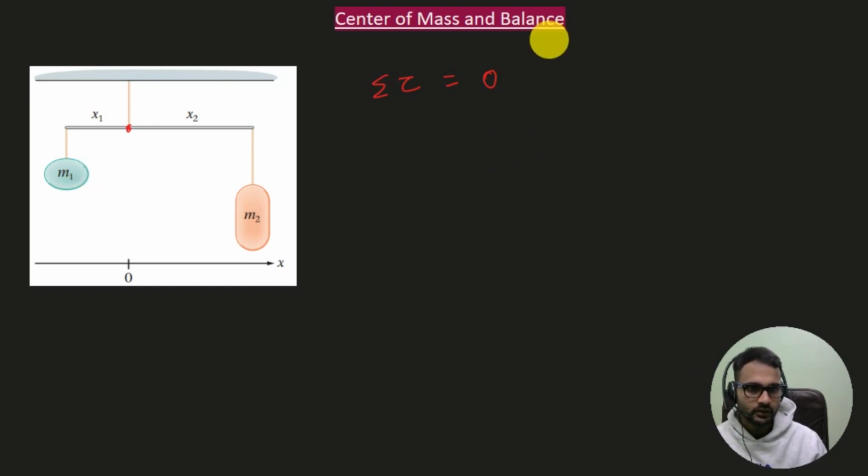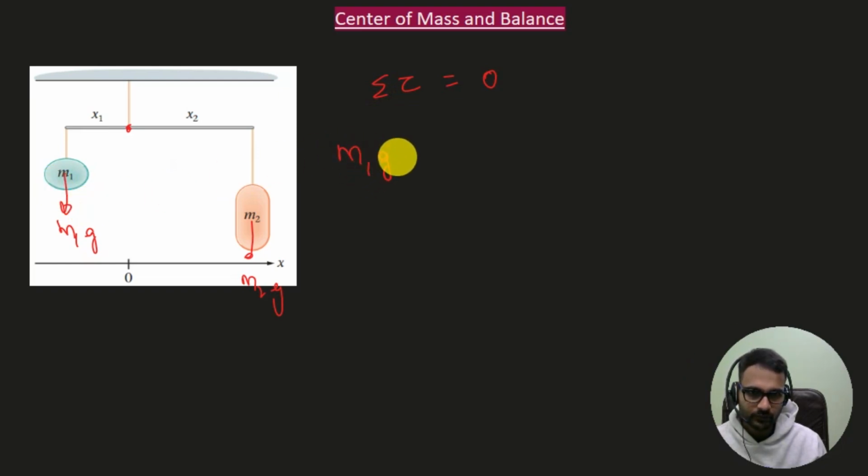Now if you consider this gravity force m1g, here the gravity force would be m2g. Now this would create a counterclockwise torque. So this should be m1g into x1, and then this will create a clockwise torque, so minus m2g into x2.